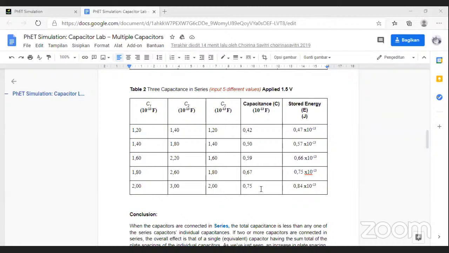The total capacitance is 0.75 and the stored energy is 0.84 times 10 to the power of minus 13.